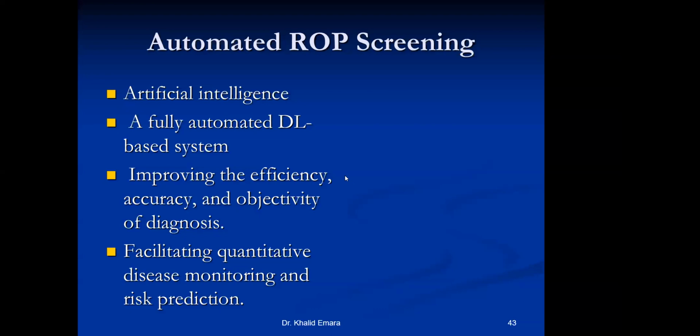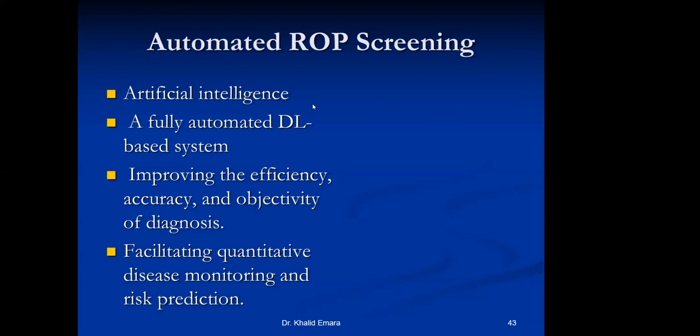I believe that in the future, most of the ROP screening will be automated, and the majority of ROP treatment will be using VEGF. This will definitely improve the outcome of ROP.